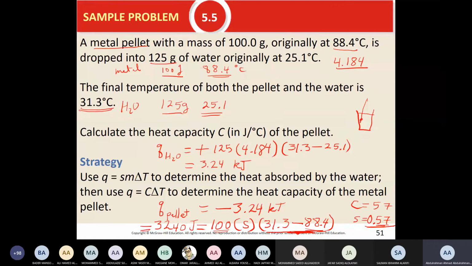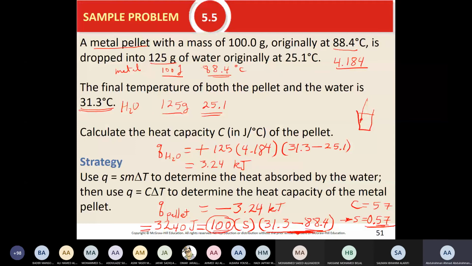How do you know the heat capacity, Doctor? For the heat capacity, we don't care about the mass. The mass was 100, so I multiply by the whole mass. The specific heat was 0.57, but for the heat capacity I'm not going to divide by the mass, so it will be 57.